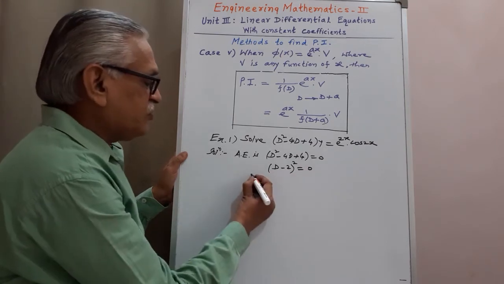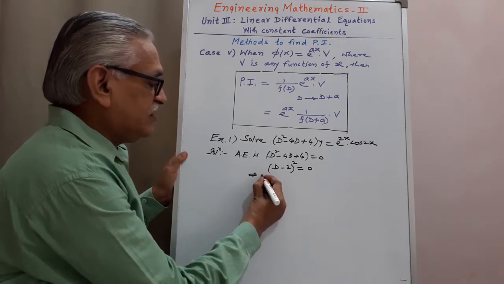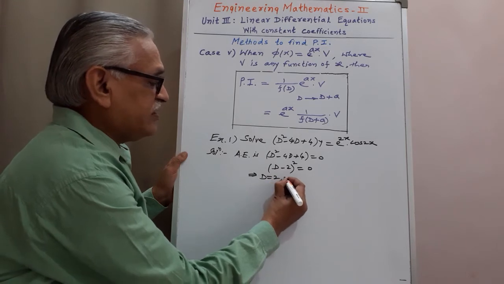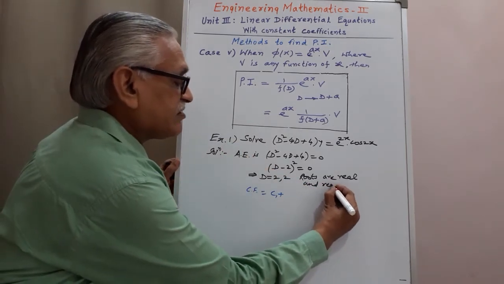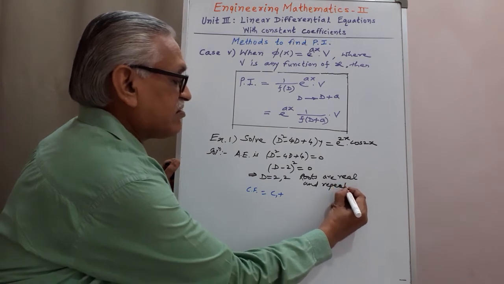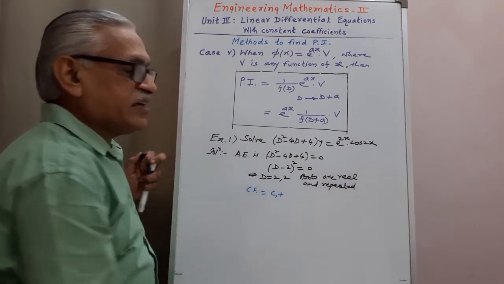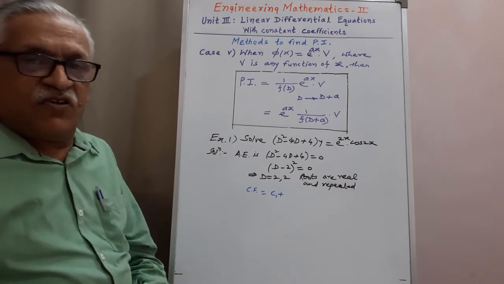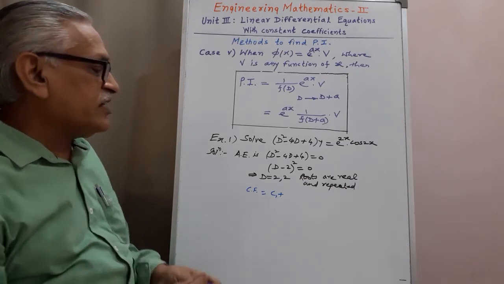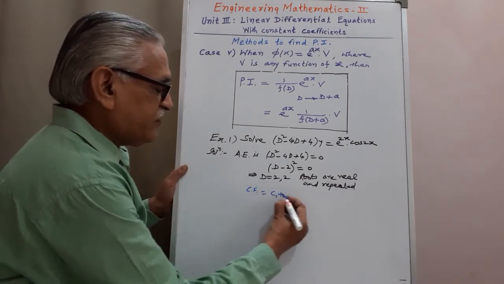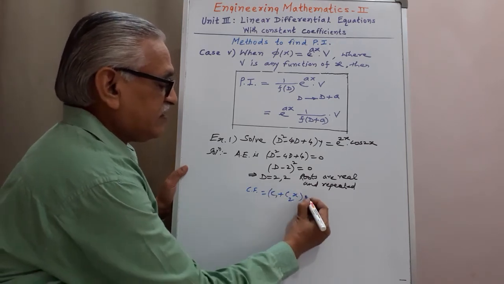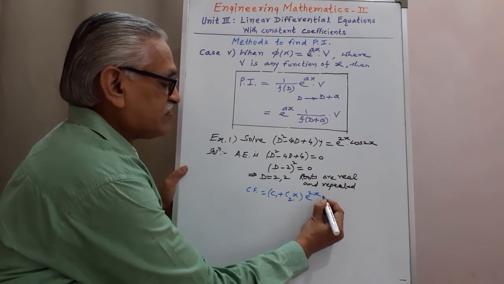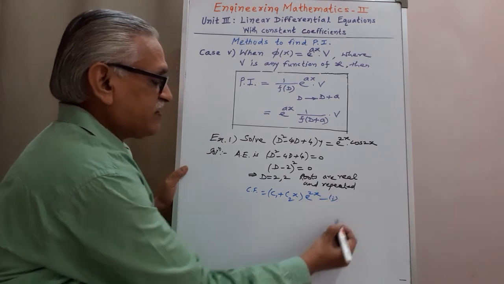Equating each to 0, we get D is equals to 2 and D is equals to 2, real and repeated. Case second, for CF, and as the roots are real and repeated, a way to write down CF is C1 plus C2x e raised to 2x as equation number 1.